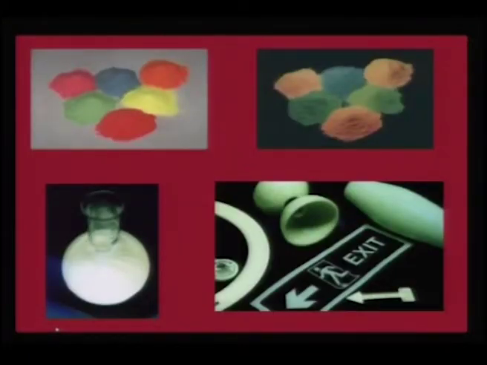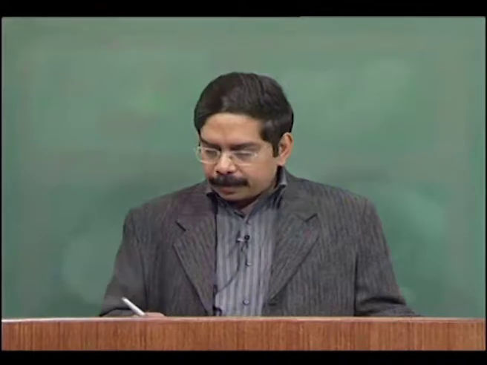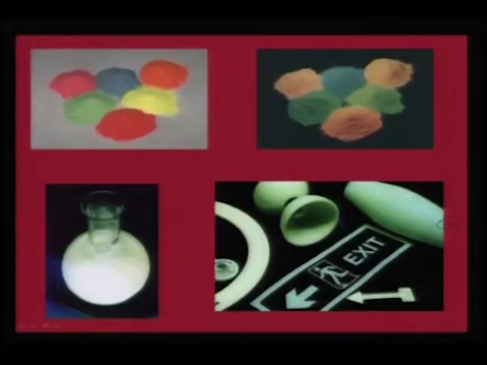But apart from the naturally occurring luminescent materials, we also have man-made materials, and you can see all these signboards and different ceramic components glowing in the dark, mainly because of a variety of compounds that you can prepare.